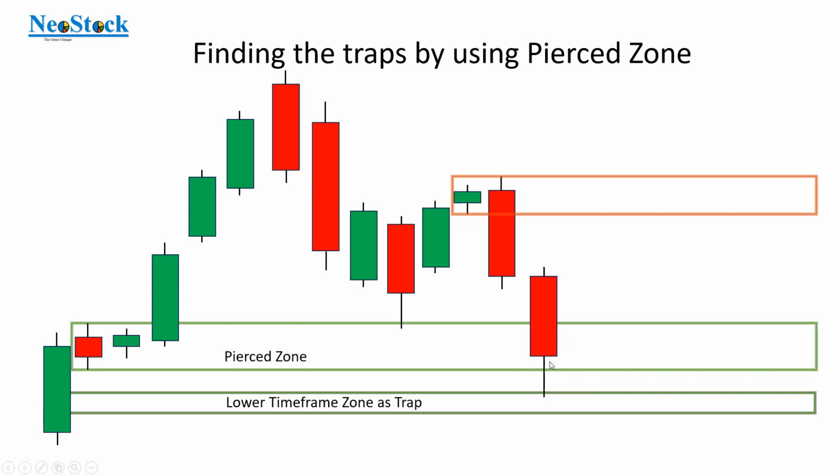Now the candle is closed inside the zone, not outside. Maybe it can close above the zone, still it is okay, but definitely not below the demand zone. If the candle closes below the demand zone, it is a completely violated zone. Now the candle is closed inside, so we name it a pierced zone, and you are learning new strategies.